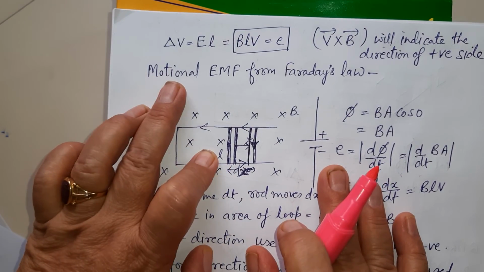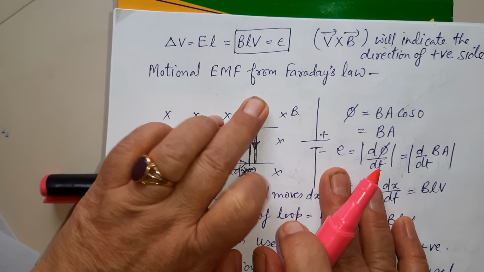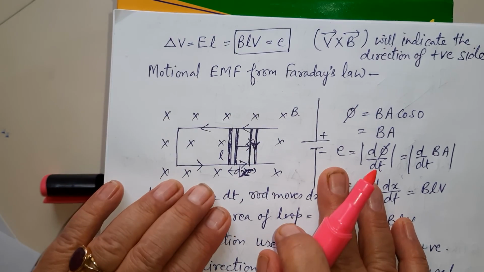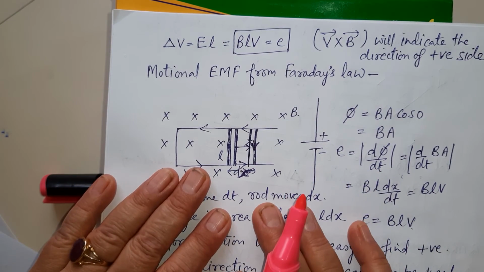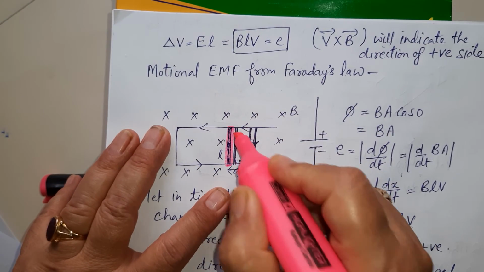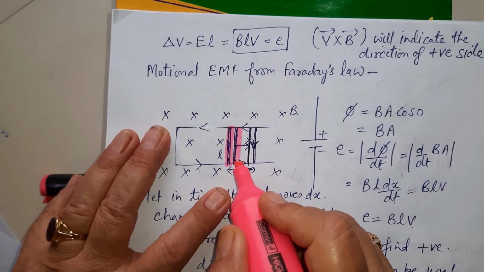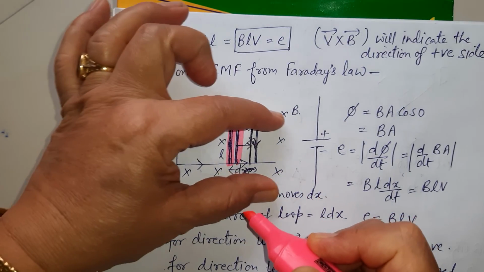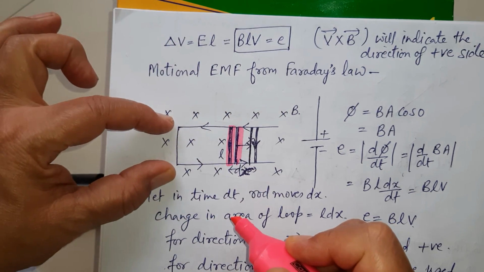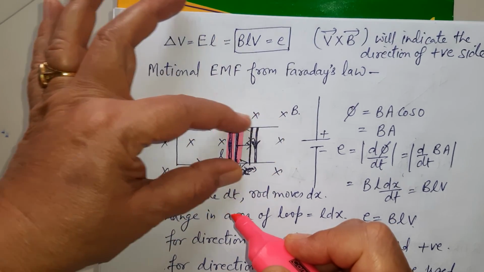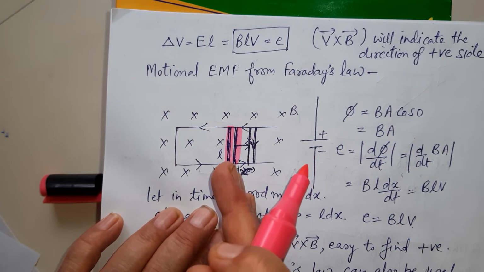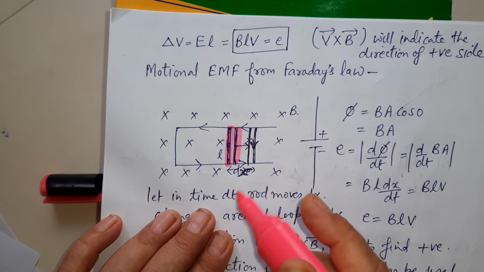Now the same derivation of motional EMF from Faraday's law of electromagnetic induction. By Faraday's law, we all know we will take the flux change. Here a rail type structure is imagined, and this is the same conductor which is fitted on it, and this conductor is moved slowly by a distance dx.